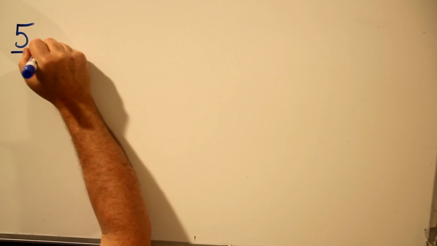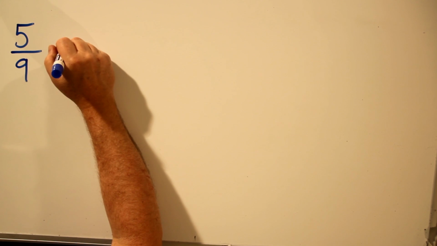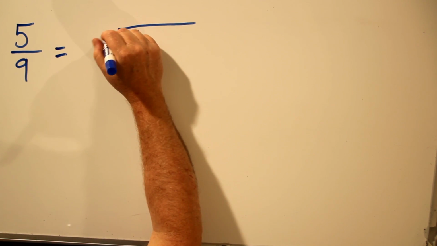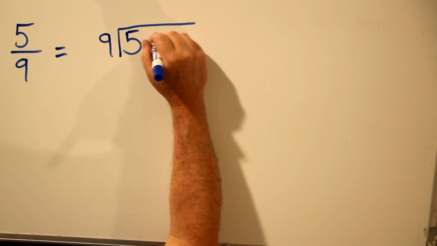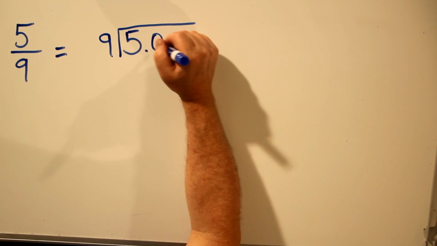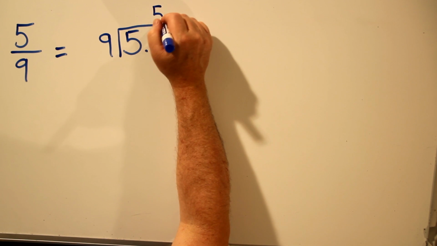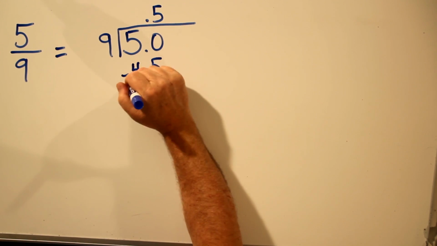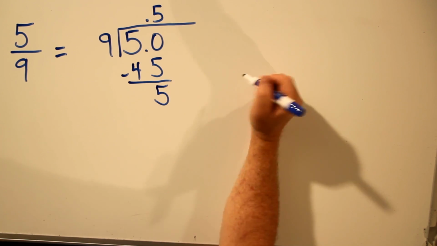I want to show you now what 5/9 looks like. Remember, we just did 4 over 9. Let's do 5 divided by 9 and see what that looks like. 9 goes into 50 5 times. 5 times 9 is 45. Subtract. Remainder 5.